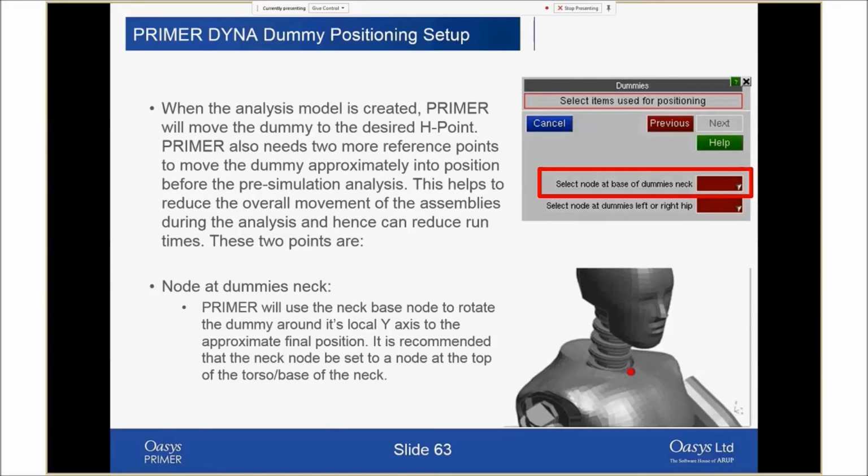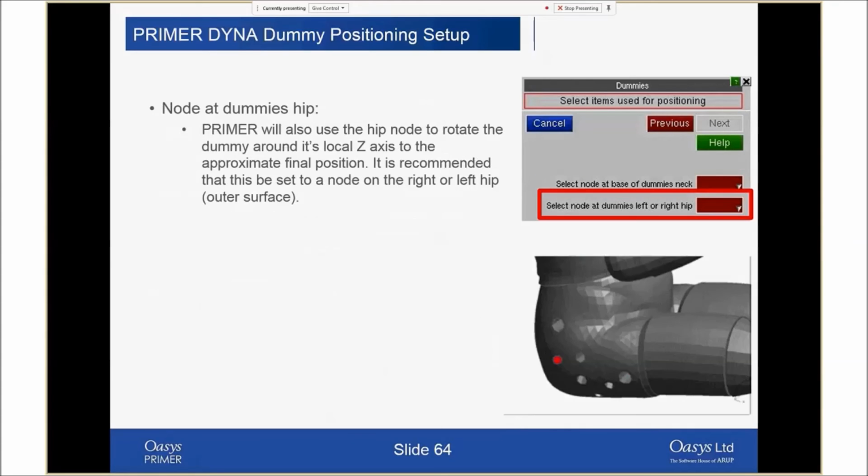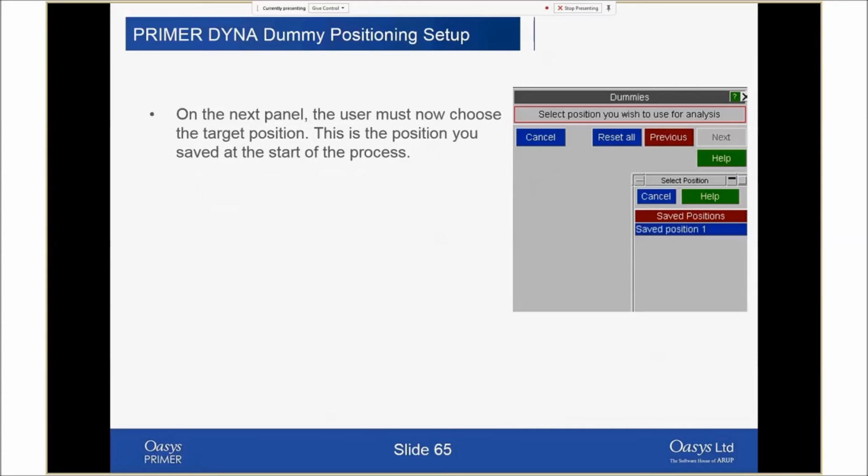So you don't spend a lot of time just watching a dummy fly through space trying to get into a final position. And so at this point you specify your target position, and that's one of your saved positions.